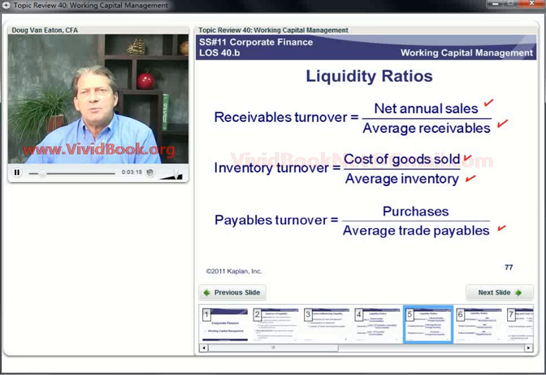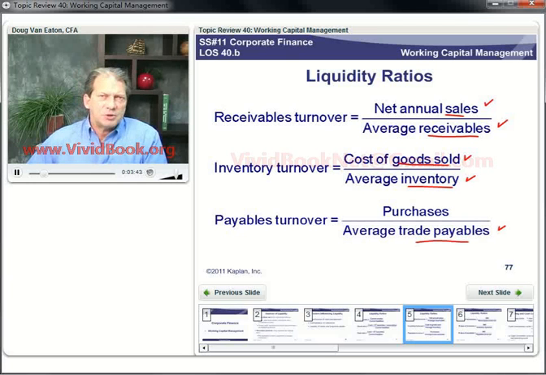Our receivables are measured in retail dollars if we're selling retail, or I guess customer prices might be a better way to say that. And so are sales. Average inventory is measured at our costs of production, and so that's why we want to use cost of goods sold in the numerator. And our trade payables are based on prices we paid to our suppliers, so we want to use purchases in the numerator there.